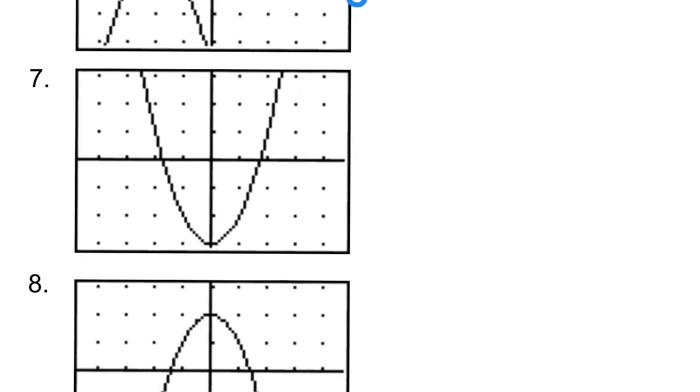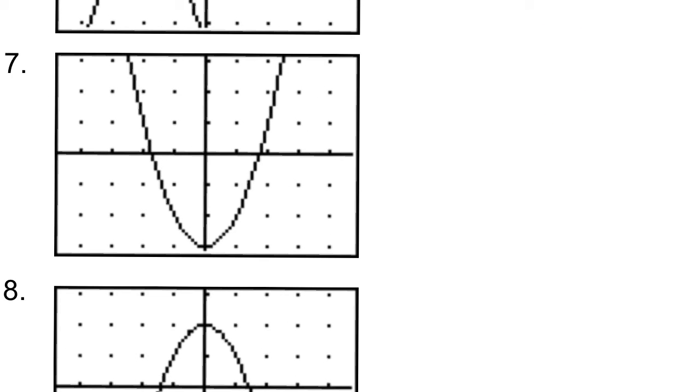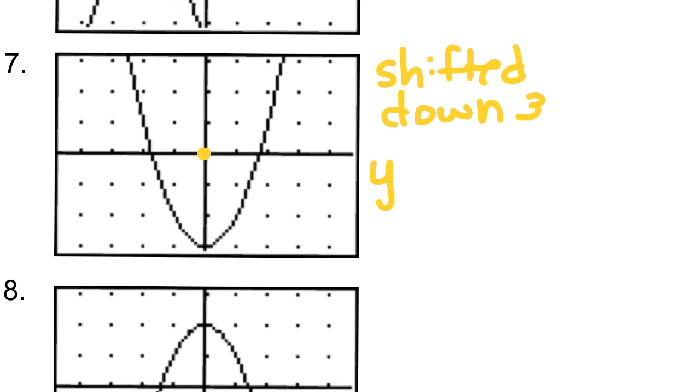Look at number 7 now. From the parent quadratic function, the change is that it shifted down 3. Since it shifted down 3, that means we're going to subtract 3. But it's not going to be inside the parentheses.